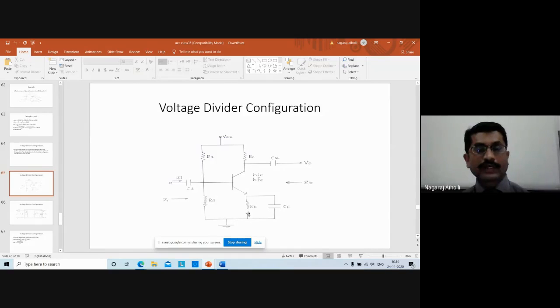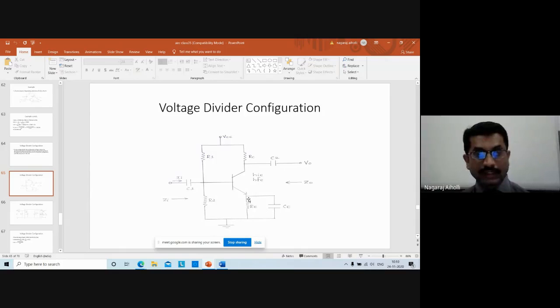RE into 0 divided by RE plus 0. RE into 0 is 0, and 0 divided by anything is 0. Therefore, here it will be a short circuit. That's why we are not considering the value of RE. Got the point? As it is a short circuit here, when it comes in parallel with the resistance RE, the equivalent resistance will be 0 ohms.